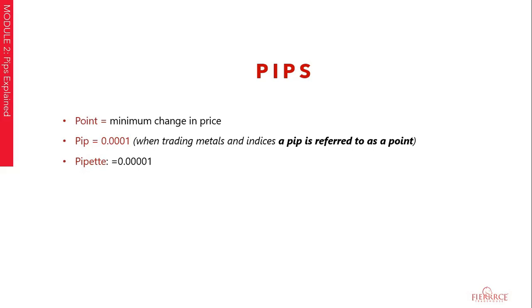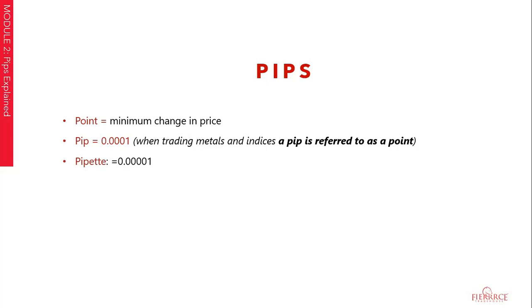For example, if the USD against the Kenya shilling is 113.25 and the price goes up to 113.35, that would be 10 points. It's gone up by 10 points. Whatever amount it has risen by, that minimum change in price from 113.25 to 113.35 is the point.